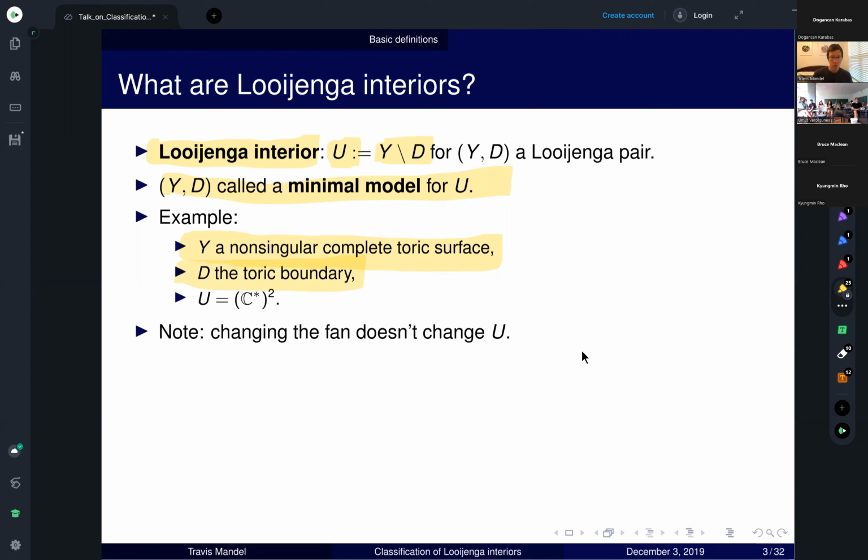And no matter what fan you use, no matter what your toric surface is, the complement of the toric boundary, what we call U, will just be the algebraic torus, C star squared. So notice if you change your fan, that doesn't change U at all. That only affects the boundary, not the complement of the boundary.